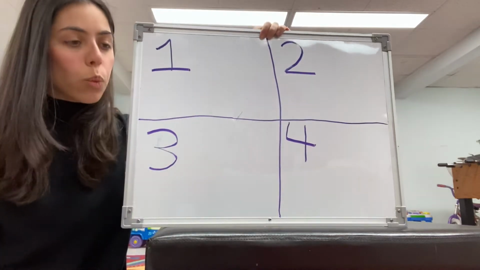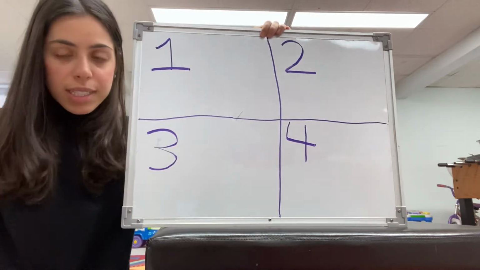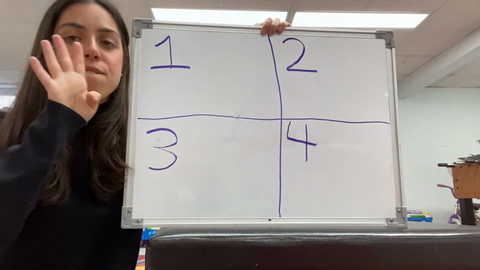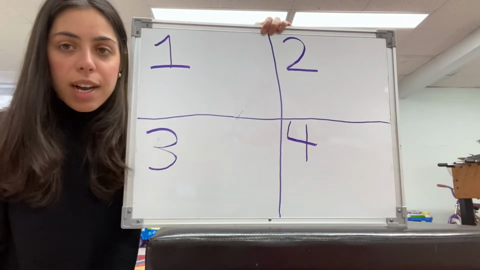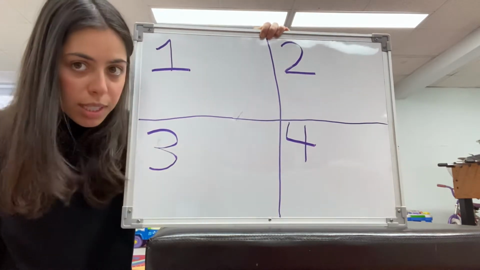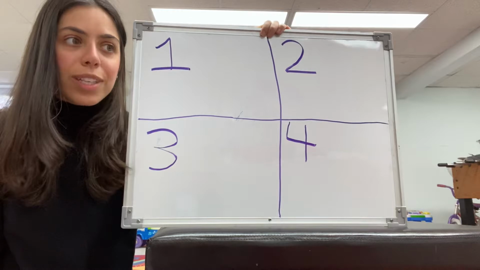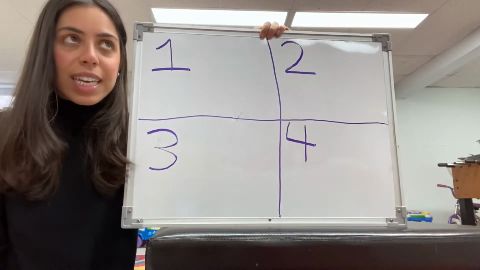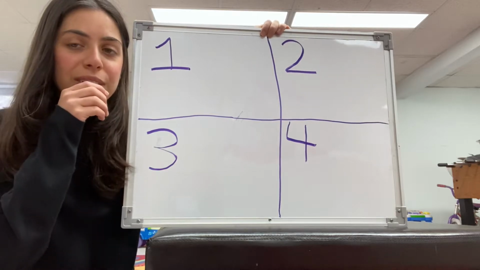So who can tell me what we have 4 of on Pesach? Think about what we learned. What do we have 4 of on Pesach? Do we dip 4 times? No. What do we do 4 times? What do we have 4 of? Can anyone think? It has to do with a drink.